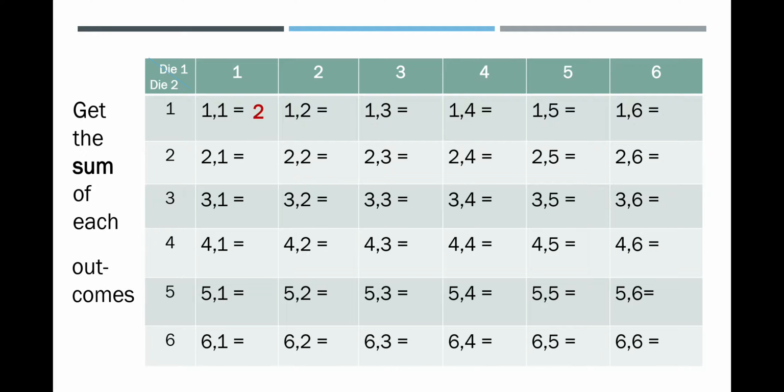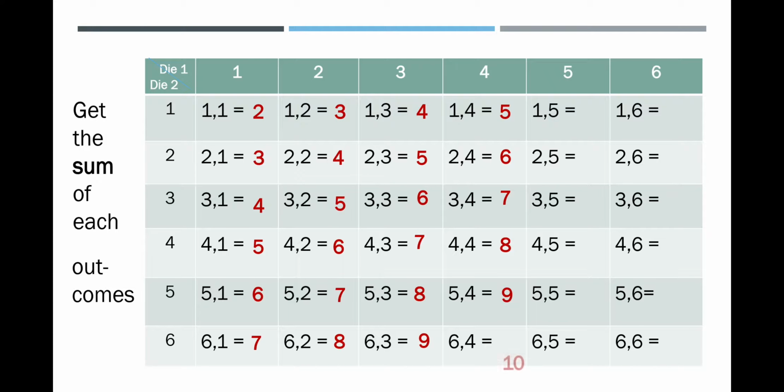So we have here the sum for 1 plus 1 is 2, 2 plus 1 is 3, you have 4, 6, 7, and up to 9, 10, and 12.